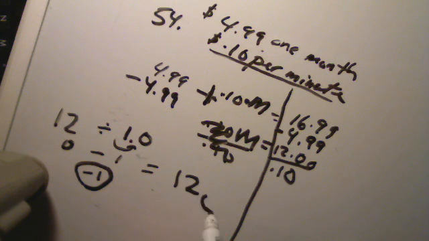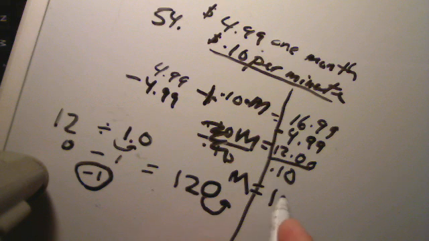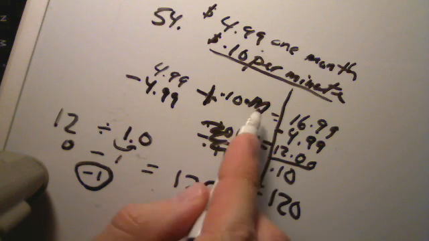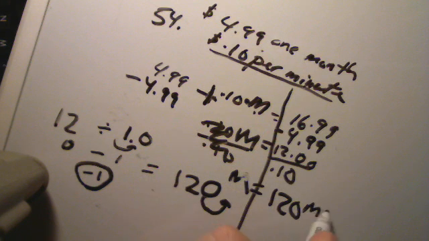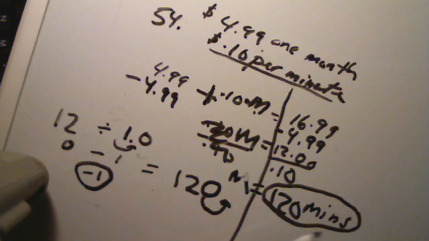So I go right 1. If you're not sure, check it on your calculator. You have the empty spot, so there is a 0. So we have found out that M is equal to 120, whatever M stands for. So M stands for minutes. And that's it.